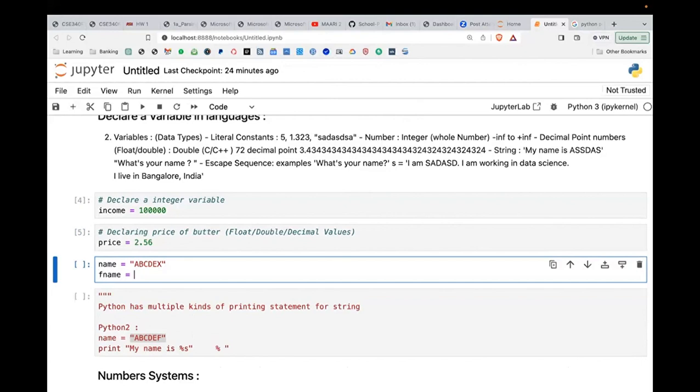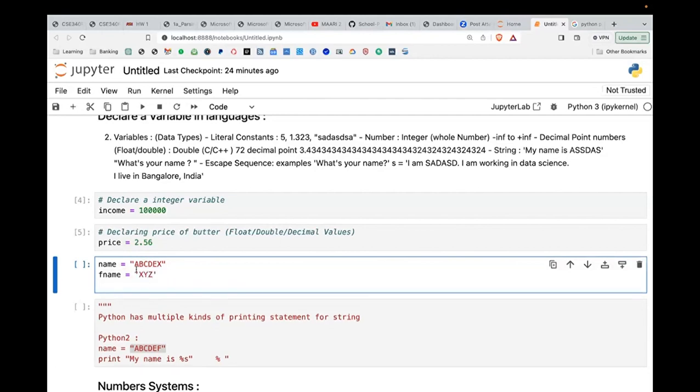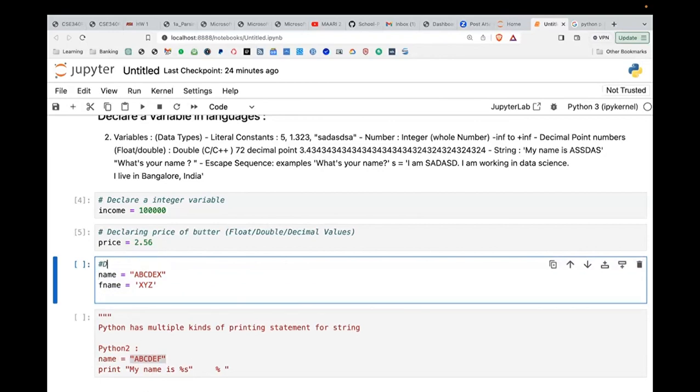You can declare it with double quotes or with single quotes, like XYZ. These are single quotes. So this is the way you can declare a string with double quotes or single quotes. These are the examples.